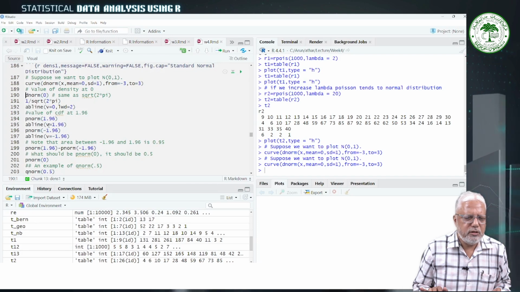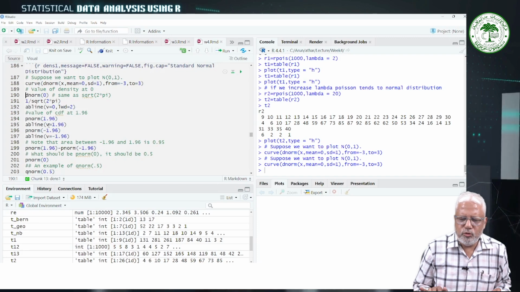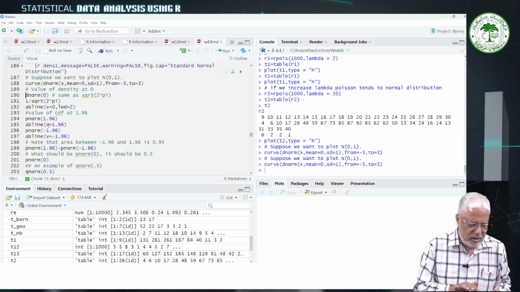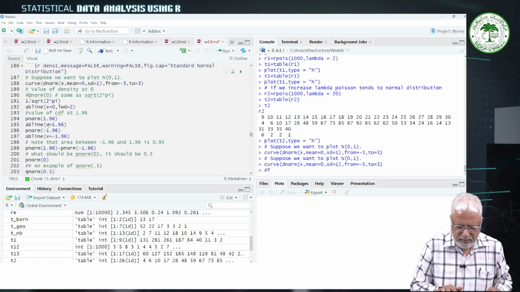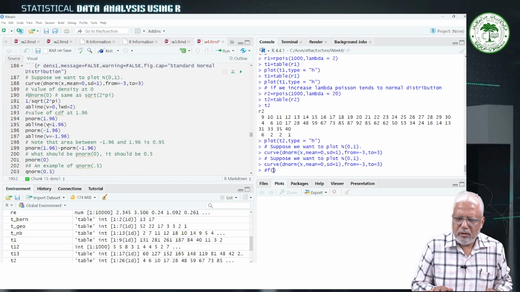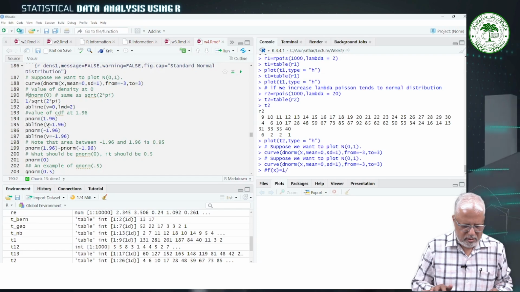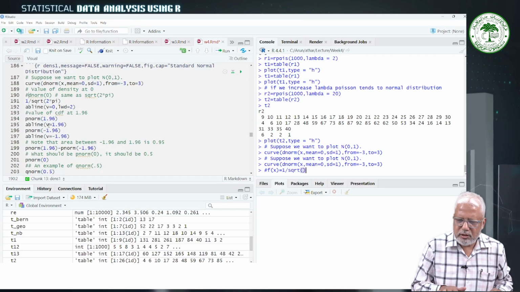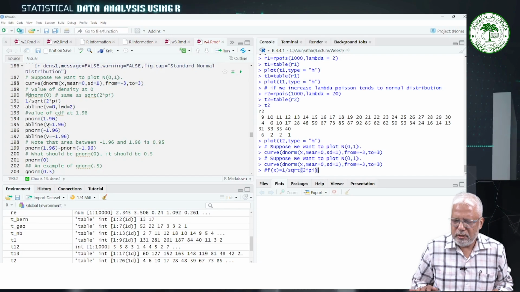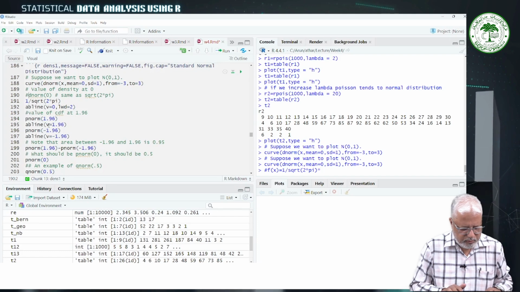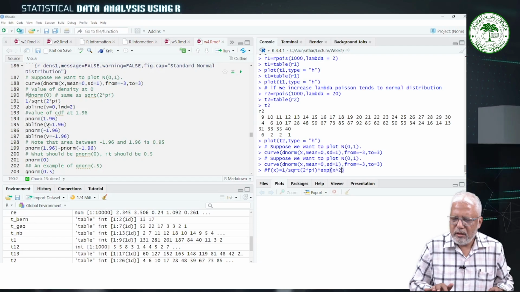Actually its expression is f(x) is equal to the standard normal, 1 by square root 2 pi, e raised to the power minus x square by 2.